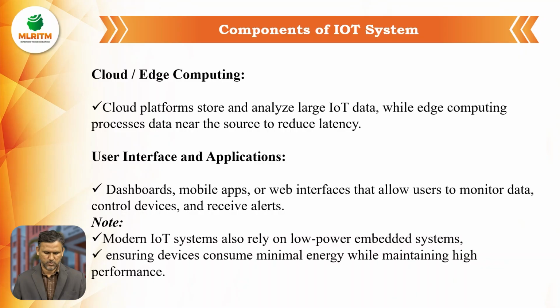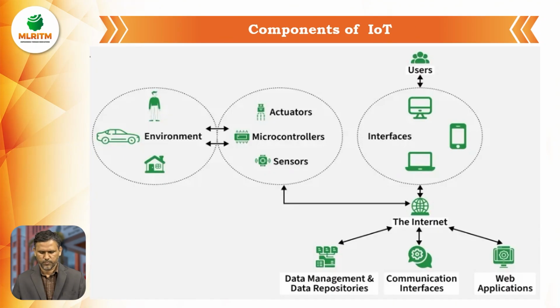Next, user interfaces and applications. In user interfaces, there are dashboards, mobile apps, and web interfaces for monitoring the data, controlling the devices, and receiving the alerts. So these are the components and functions of IoT.